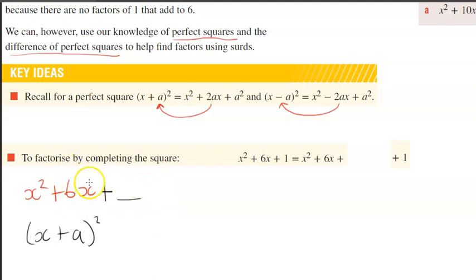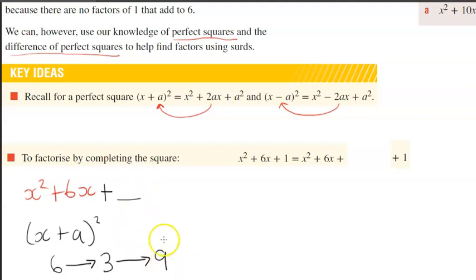We look at the coefficient in front of the x, which is 6, and we are going to half it and then square it. So we half 6, which takes me to 3, and then we square 3, which takes me to 9.